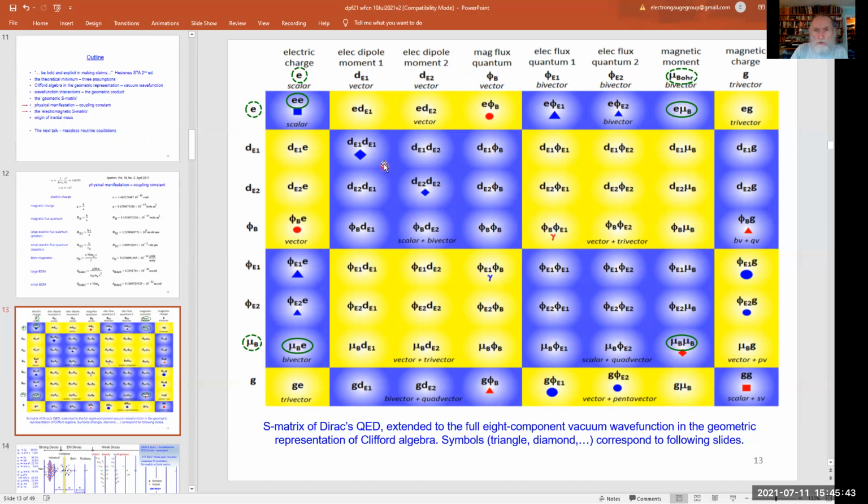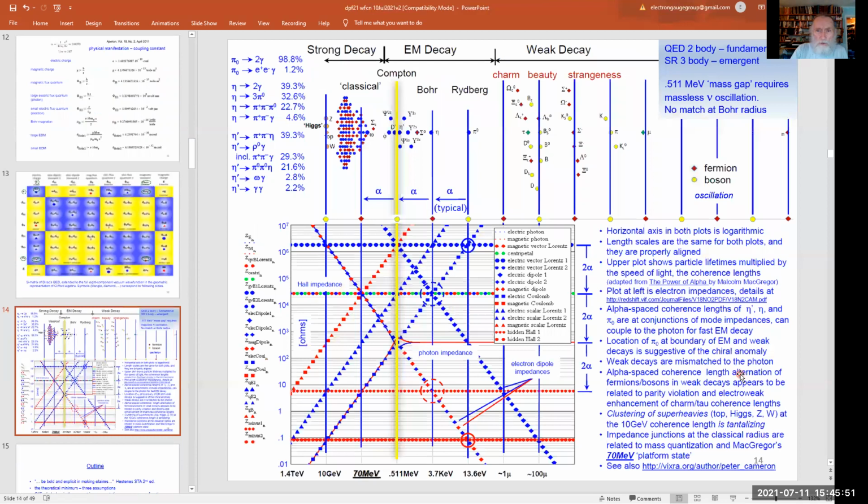And on the following slide, we're just really briefly going to look at some of these two-body modes that have been plotted in an impedance network. Impedance governs the amplitude and phase of energy transmission, and impedances have to be matched for energy to flow.